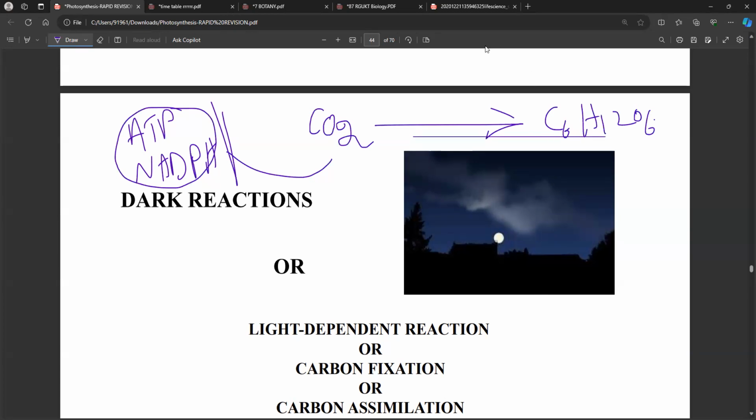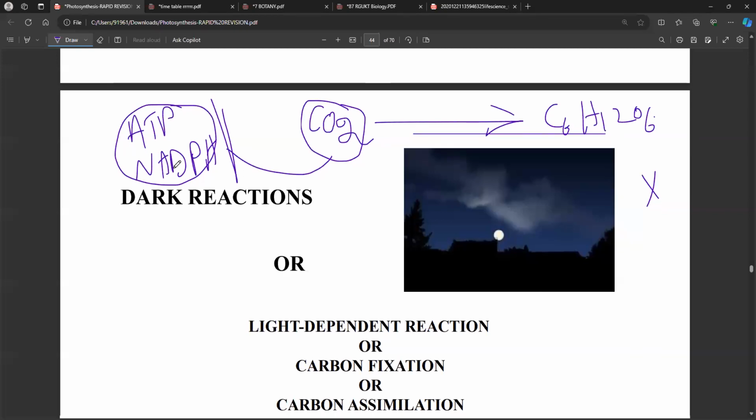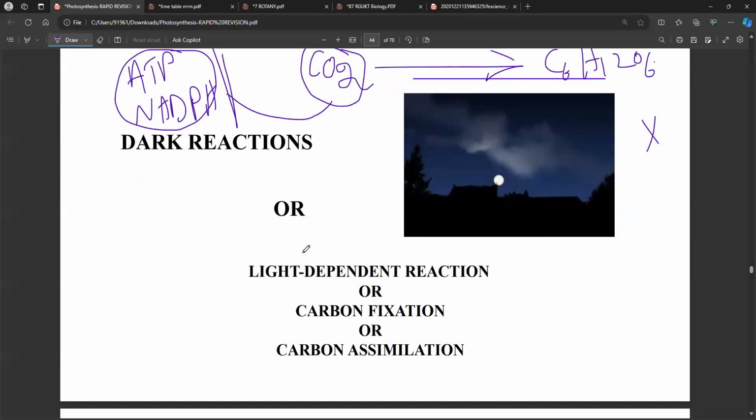So since it is strictly dependent on the energy, what is the point of light? There's no requirement of light. Whether the light is present or absent doesn't matter. The plant reduces the carbon easily to glucose by using energy. That's why we call it the dark reaction or light independent reaction.